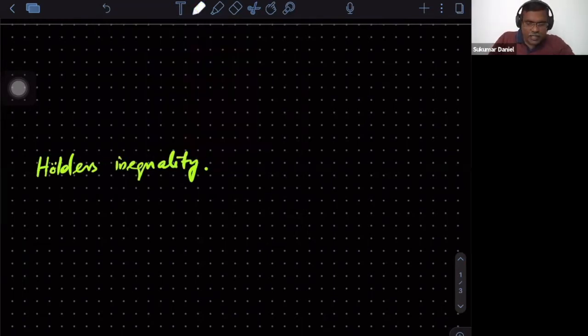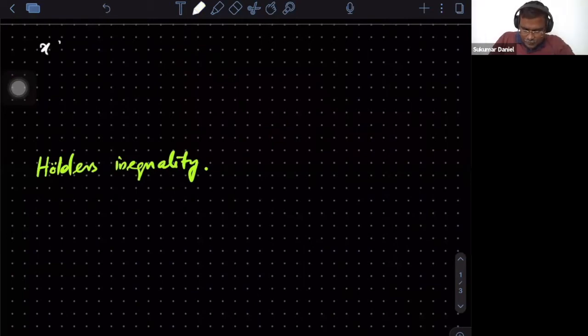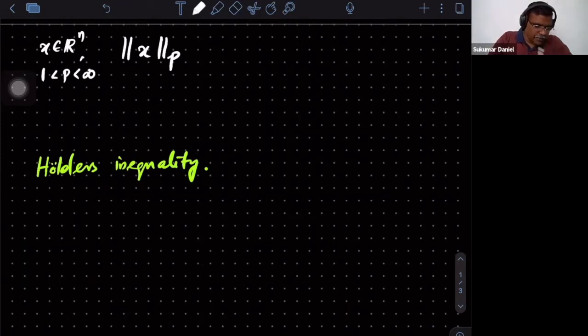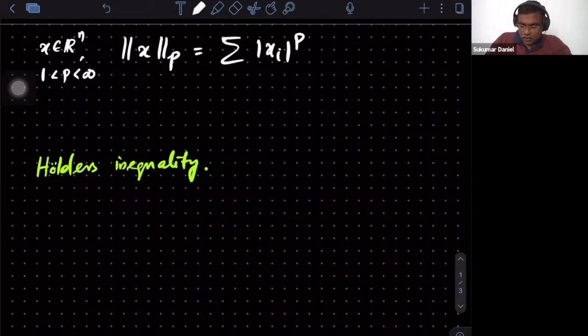So for an element in Rn, there are some norms that we have defined. So we want to define such a norm with respect to this p. So what is p? p is between 1 and infinity. And this norm is defined as this whole power 1 by p.